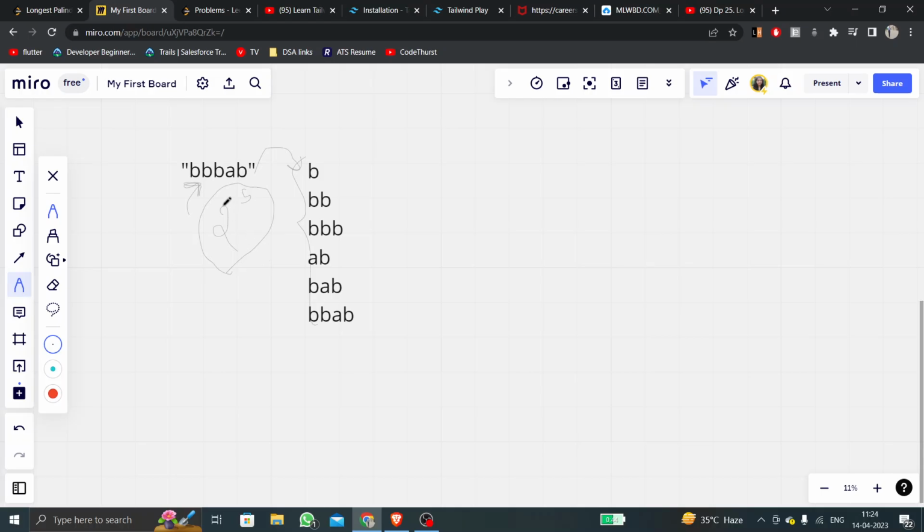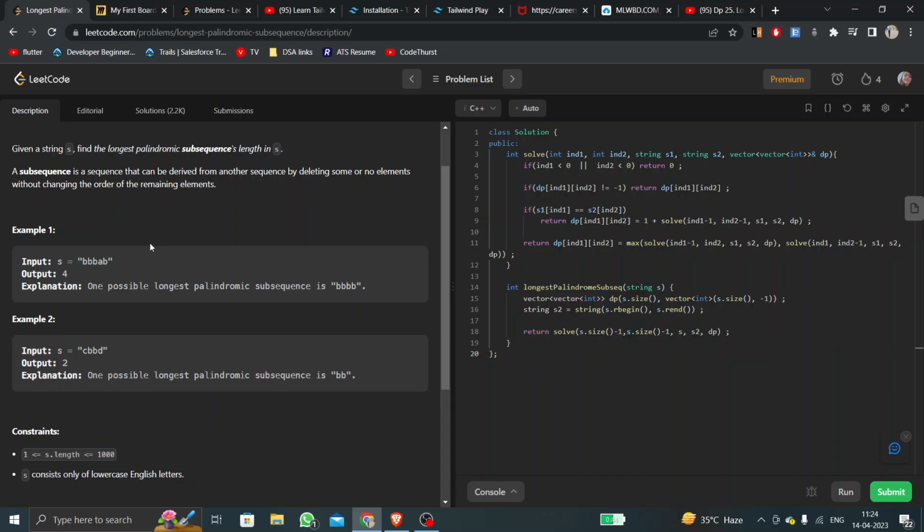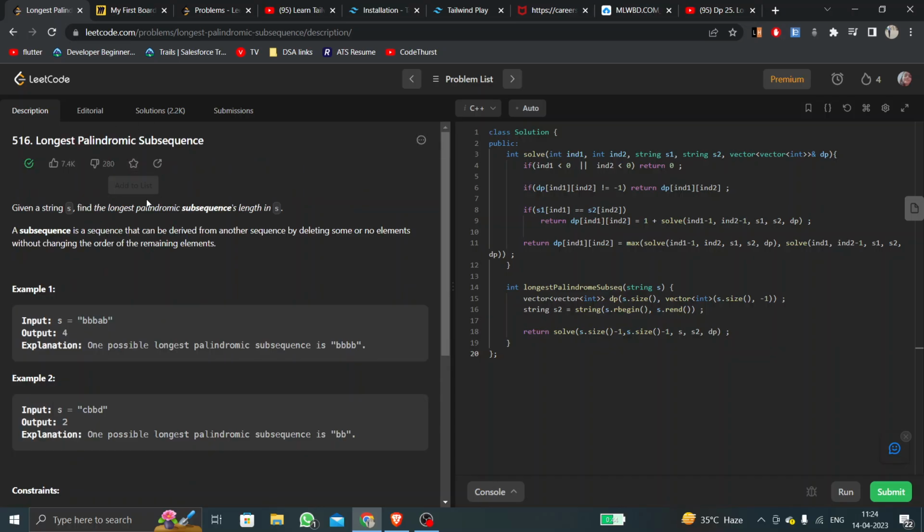So out of these 2 raised to power 5 subsequences, I have to find a subsequence which is a palindrome and whose length is the longest. I have to return the length of the longest palindromic subsequence. I hope now you have understood the question better.